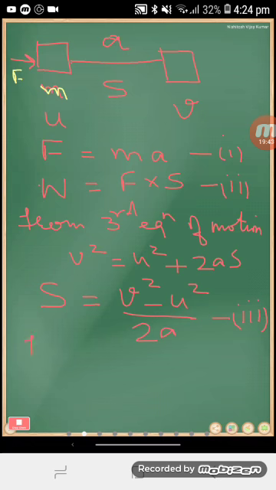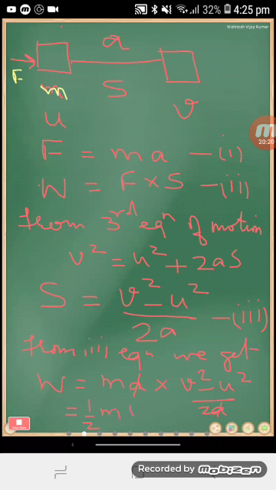So from the second equation we get W is equal to, in place of F, we can write m into a, whereas in place of s, we can write v square minus u square upon 2a. If we cancel this, we can write it as 1 by 2 m into v square minus u square.